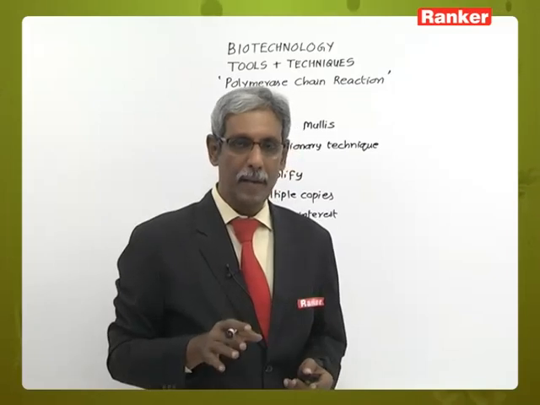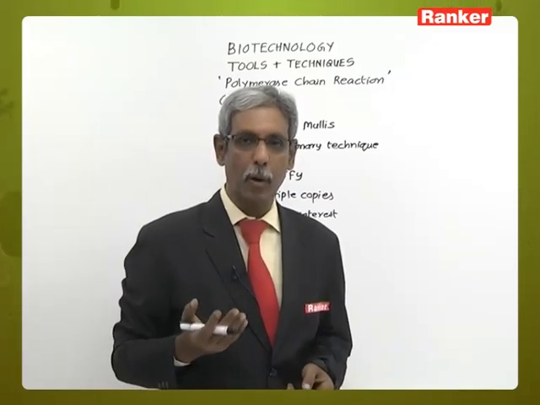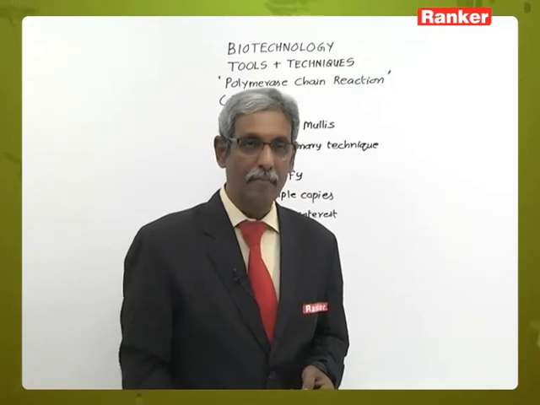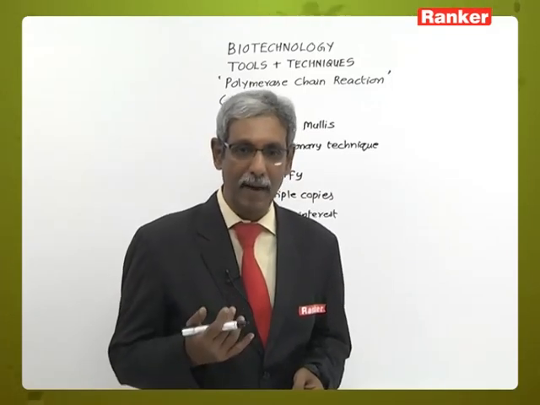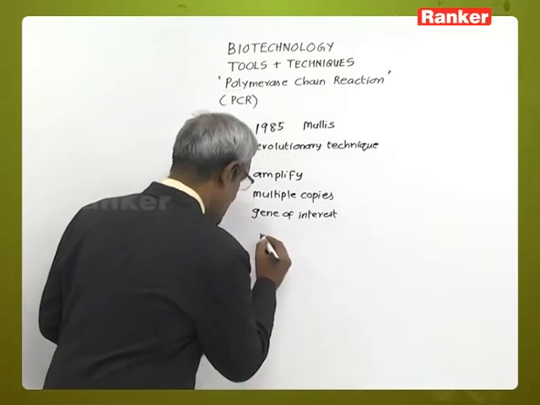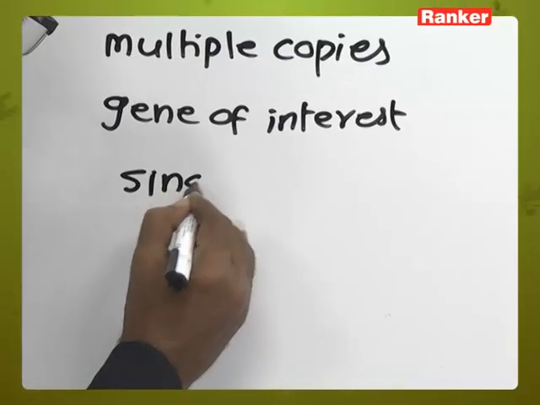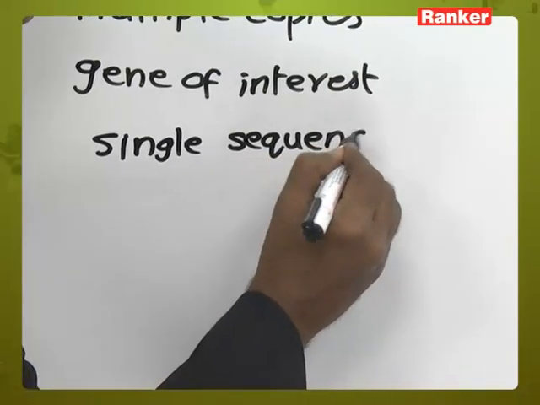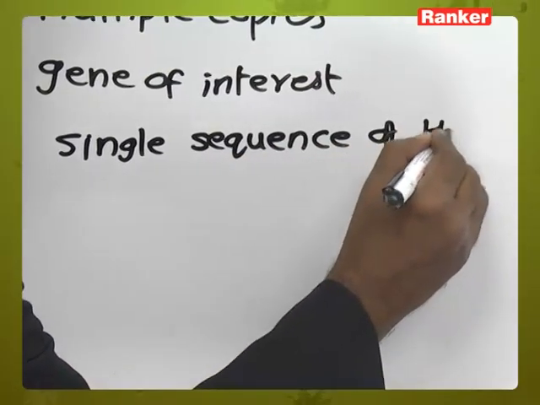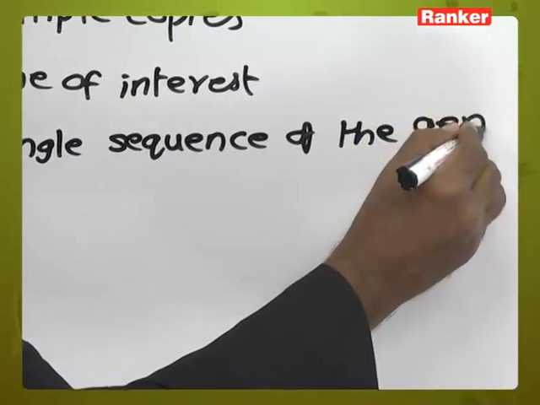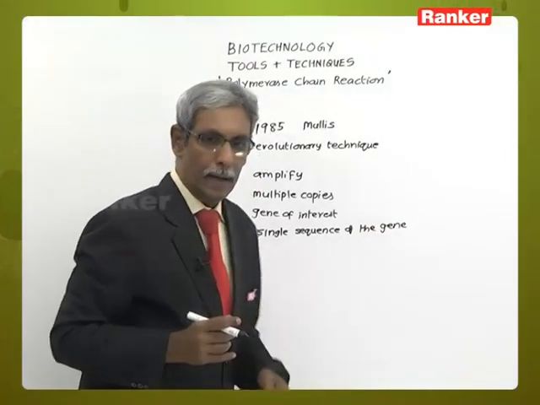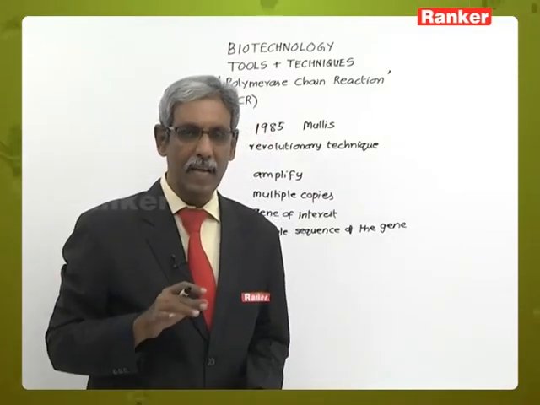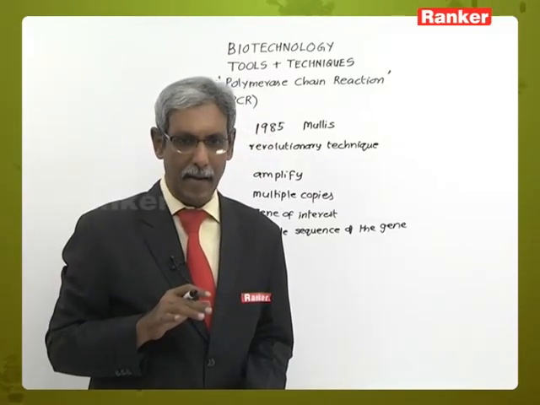An analogy would be, how do you produce 10,000 copies of a paper in a Xerox machine? So here we have primarily the gene getting amplified. We amplify a single sequence of the gene. Thereby the desired DNA, the single copy of the desired DNA is got by the technique of PCR.